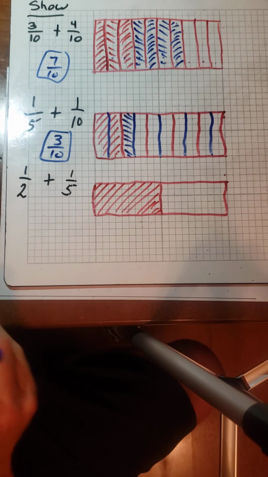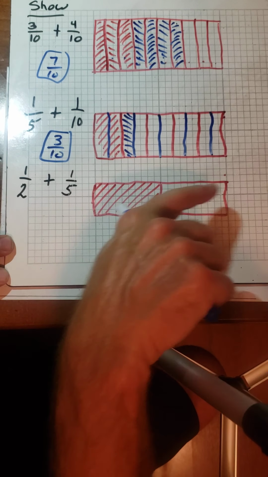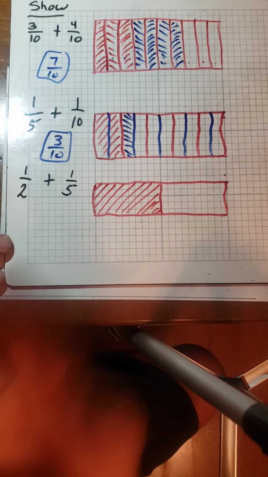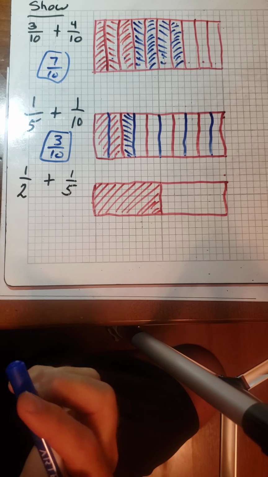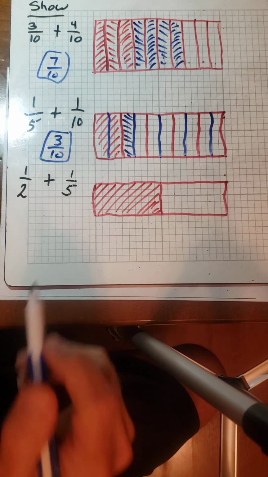And once again, because I didn't make my box very big, it's hard for me to draw them going this way for fifths. But again, because we've noticed that all I have to do is have the same size pieces, well, I could cut these into tenths and then I think it would work out.